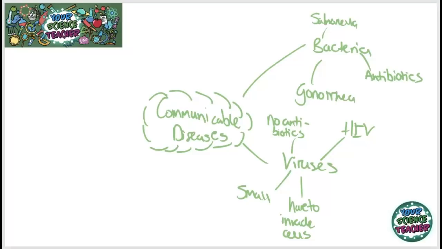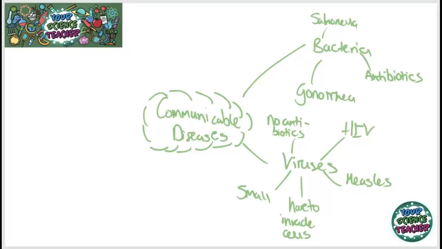So the way to protect yourself from it is to wear a condom when having sexual intercourse. Another example of viral disease is measles, and measles causes itchy spots, and it's very unpleasant to have. It can be spread through direct contact, so through touching someone who has the disease.